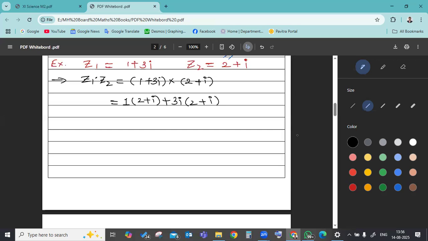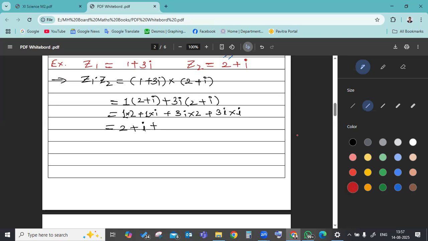Have you understood this or not? Yes. Okay. Now multiply this 1 to this bracket will give us what? 1 into 2 plus 1 into i plus 3i into 2 plus 3i into i will give us what? 2 plus i plus 3 into 2.